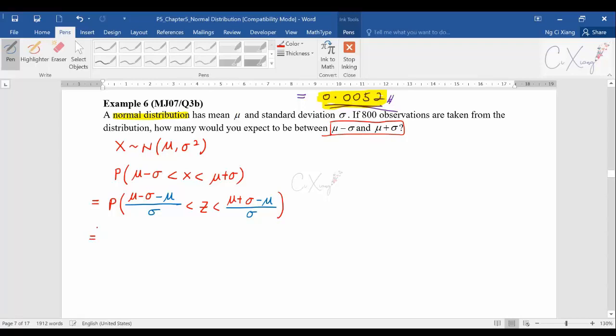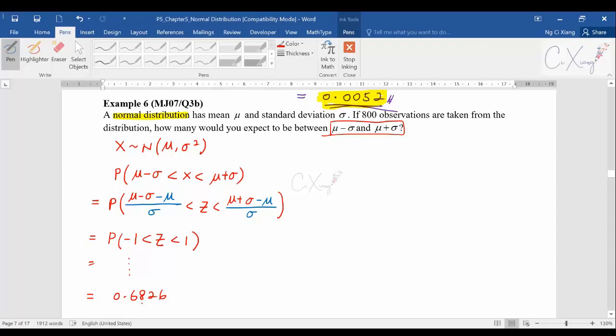Now you don't have any value here, but you can still continue because mu minus mu is 0, and negative sigma divided by sigma gives you negative 1. So you can try to find the probability of z between negative 1 and 1. You should be able to get 0.6826.